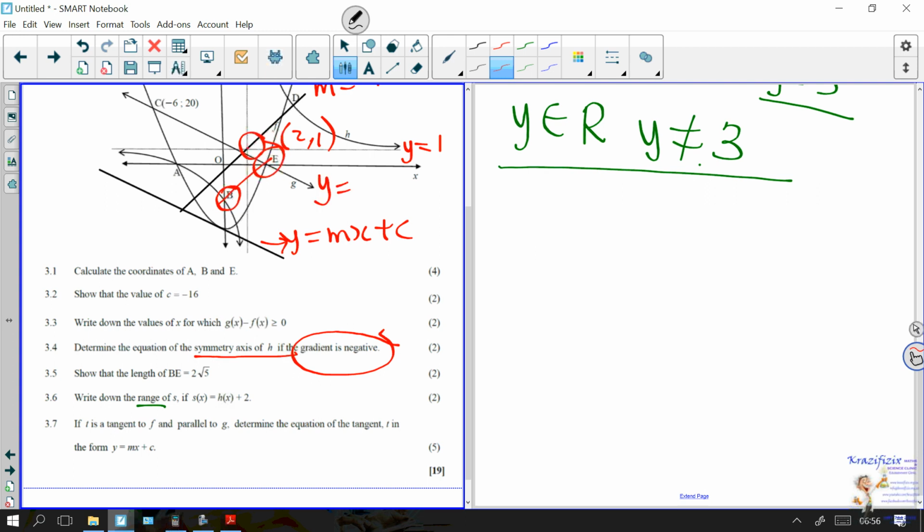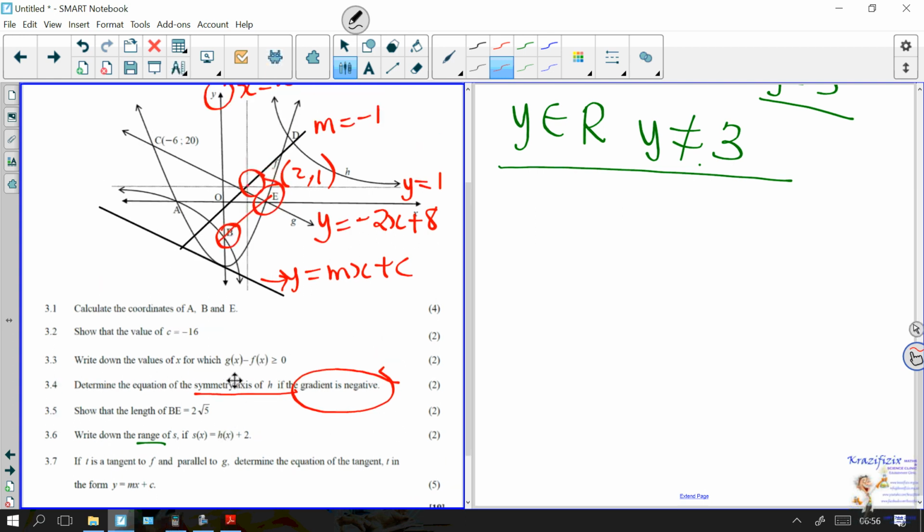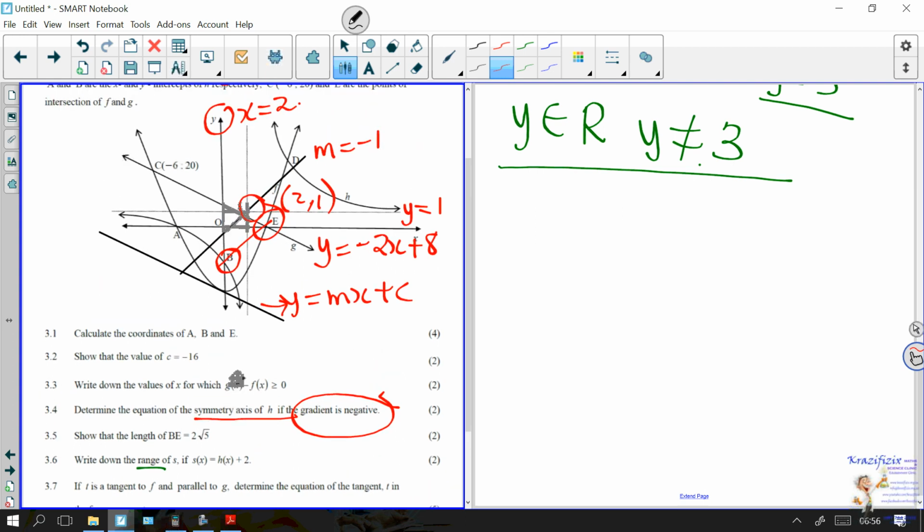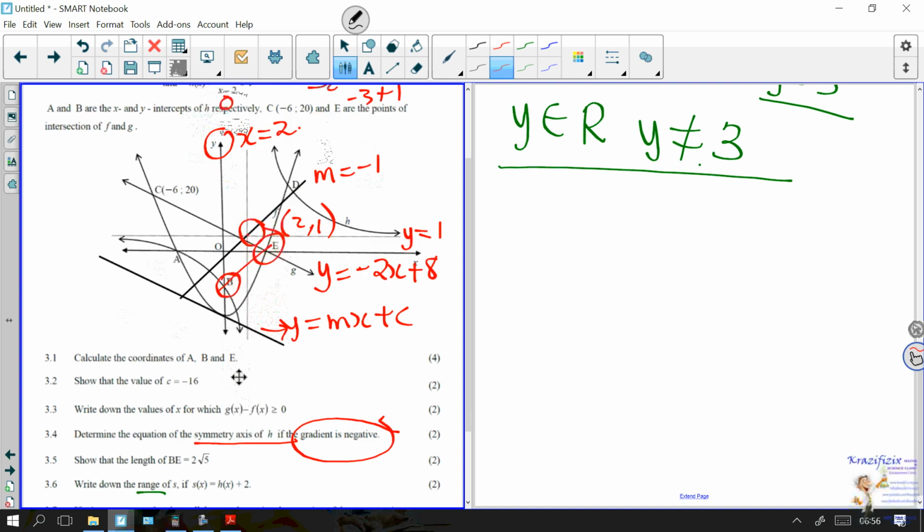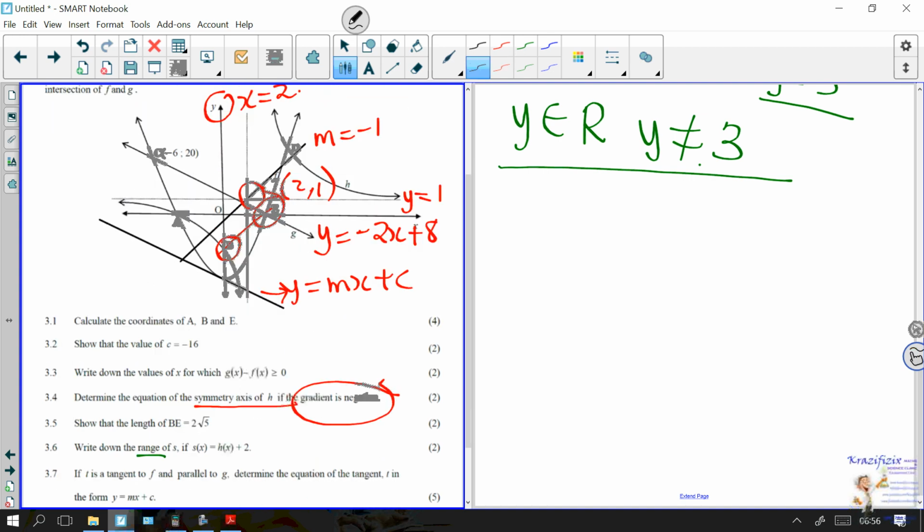Equation here is Y equals negative 2x plus 8. If you go back to the question, Y equals negative 2x plus 8, which means the gradient of this line as well now equals negative what? 2. They have the same gradient.